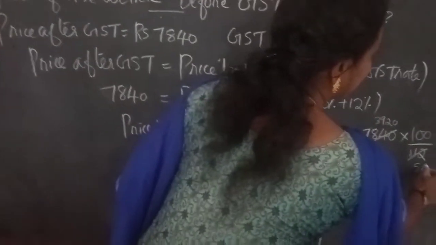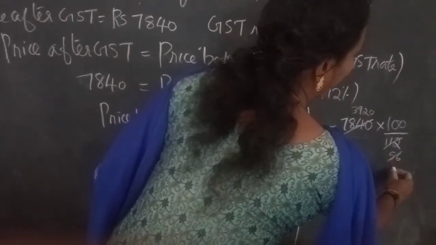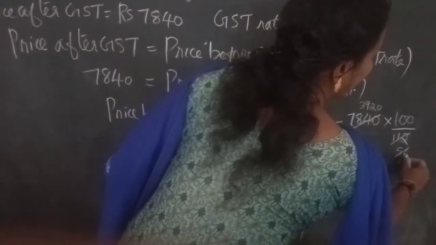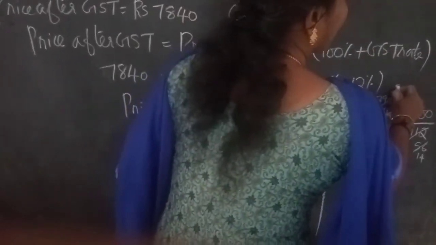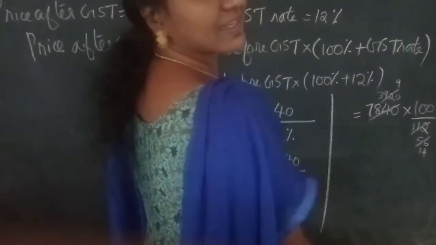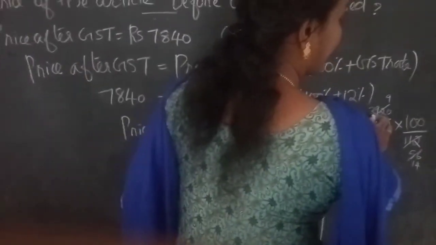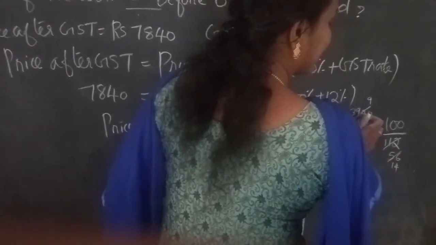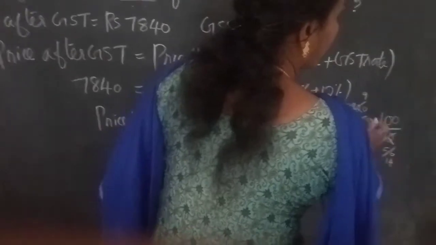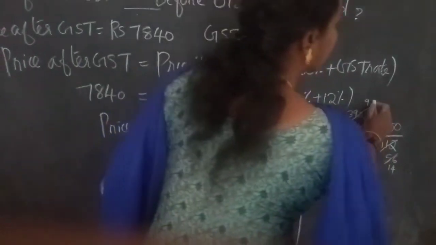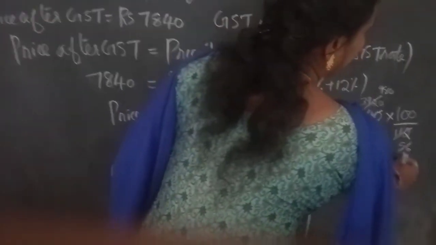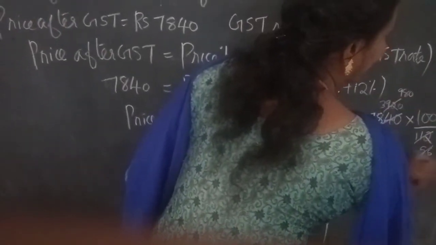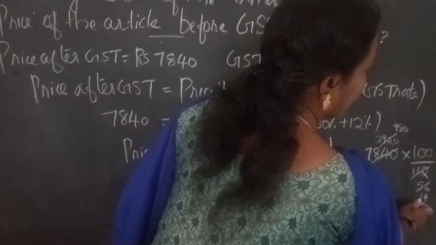Then next, by using 4, 1 4 is 4 and 4 4s are 16. 9 4s are 36. Then balance 32. How many 4s are 32? 8 4s are 32. Then what? 0. Okay. Then 980 divided by 14.